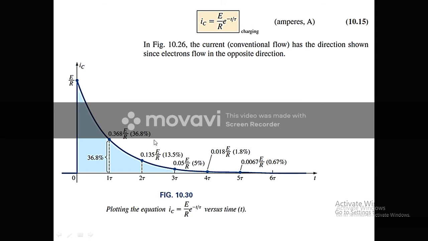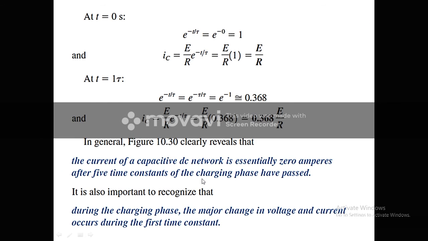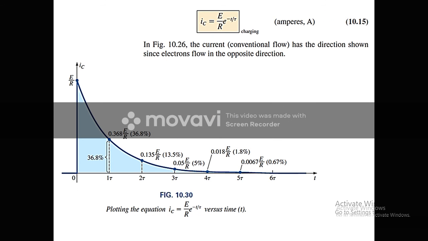At 1 tau, it is reduced to 36.8%, which was 100% at t equal to 0. Now if you want to know the current at t equal to 5 tau, replacing 5 tau we will get 0.067, which is almost equal to 0.